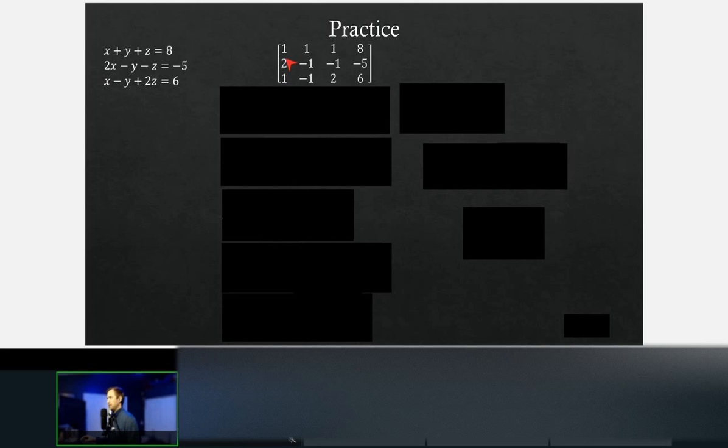And when you make these zeros, we are always going to use this row that has the one. So we're always going to use row one to combine with row two and row three in two different operations to make these zeros.